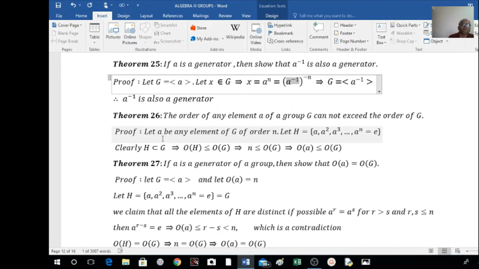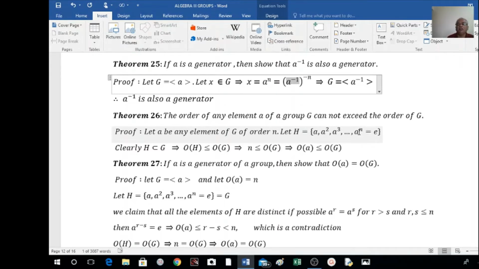Now here, let A be any element of G of order n. That is, n is the least positive integer such that A raised to n is equal to E. Now let me consider a set H equal to a square, a cube, a raised to 4, up to a to the power of n.